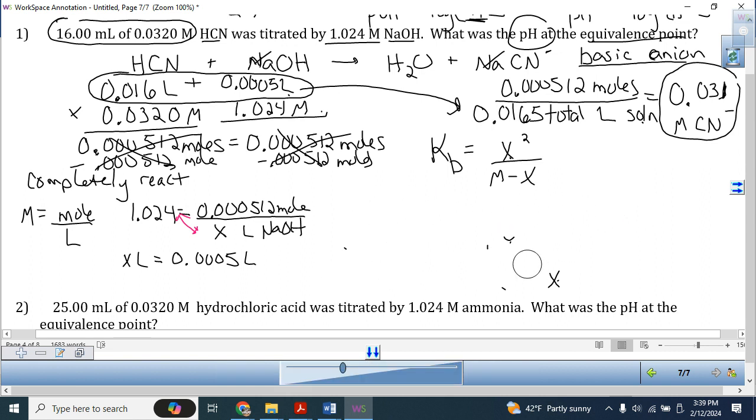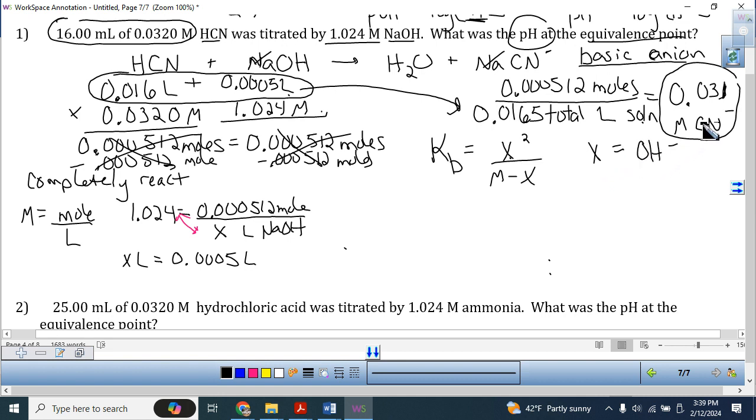All right, before I solve for X, we saw in that ICE table that X is going to be your OH minus. And because of that, I need a Kb. So I need to look at my table on my gold sheet and find the Ka for HCN. Why? Because the Ka for HCN times the Kb for my CN minus equals my Kw.